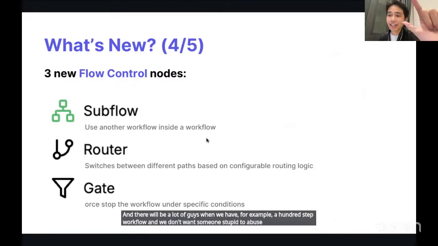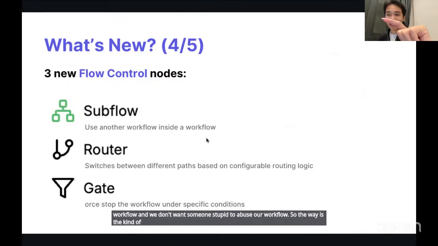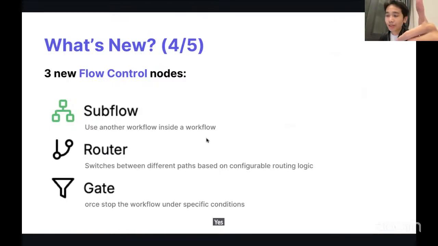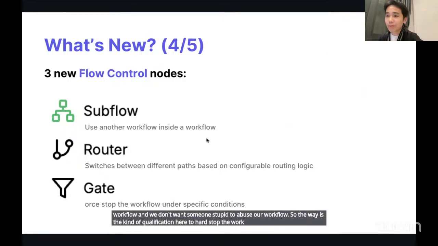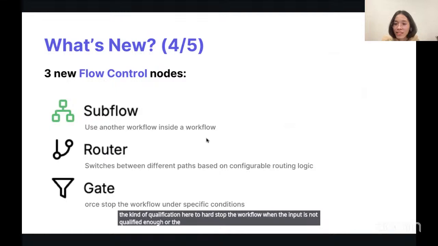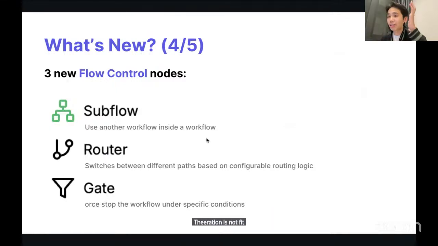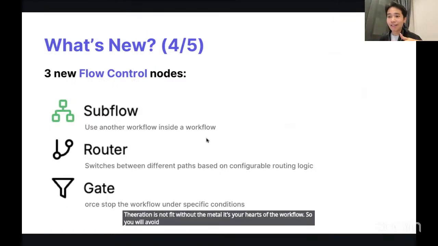So the gate is a kind of qualification to hard stop the workflow when the input is not qualified enough or the generation does not fit our demand. So it will avoid wasting AI credits on something not appropriate for the purpose of the workflow.